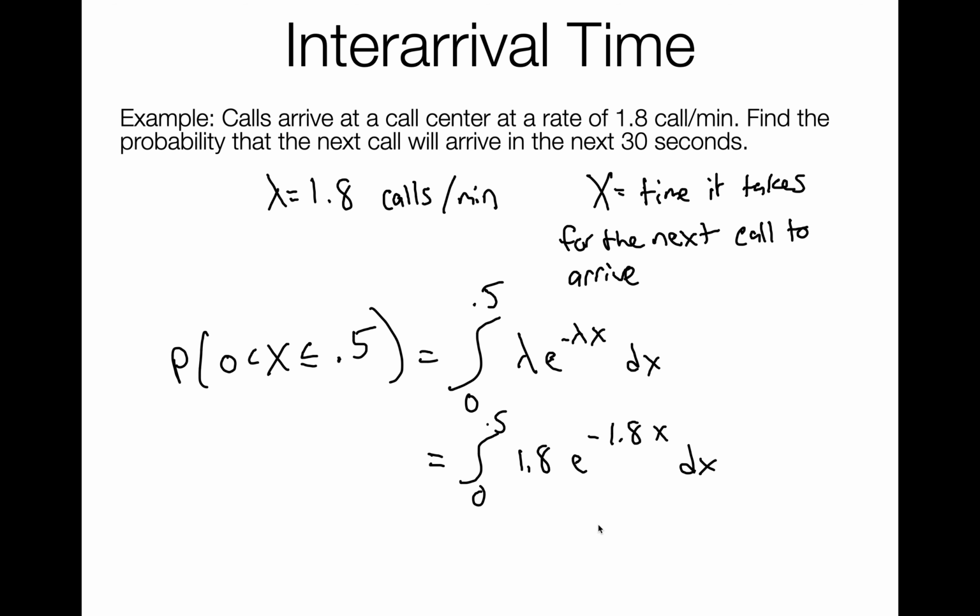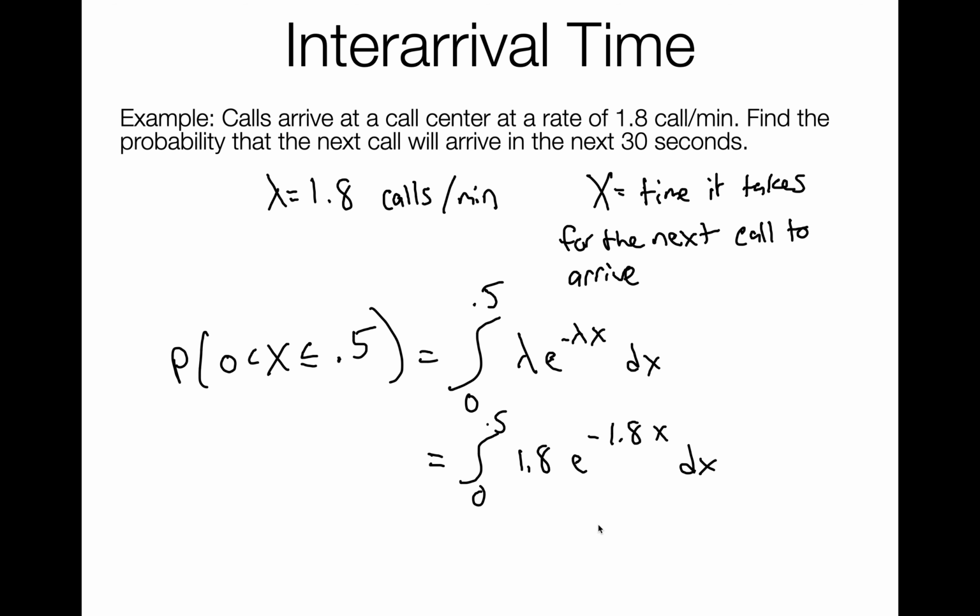We could do that, but that's going to involve a little bit of interesting integration. You have to remember antiderivatives of e raised to something. The antiderivative of e to the x is e to the x. But what we can also use is a fact about the CDF, because I also gave you the CDF.